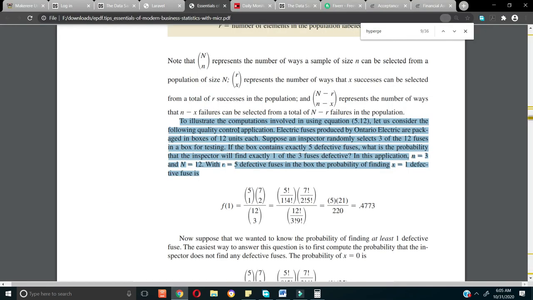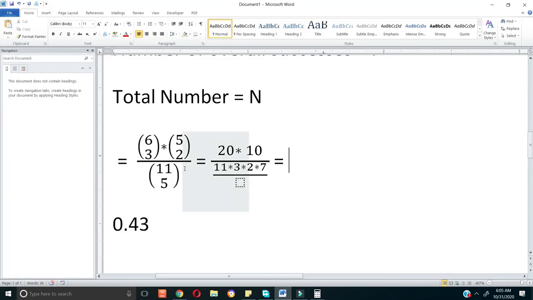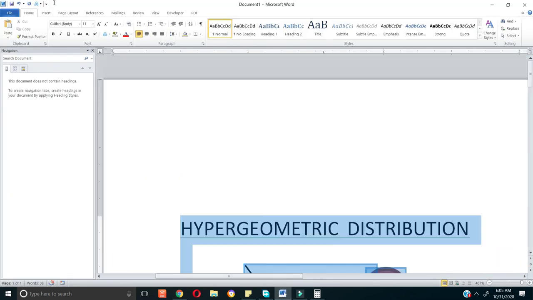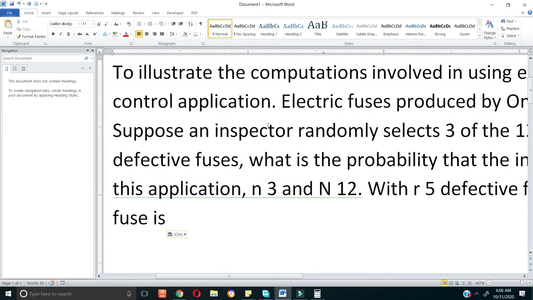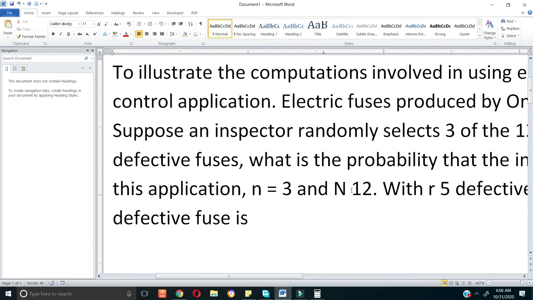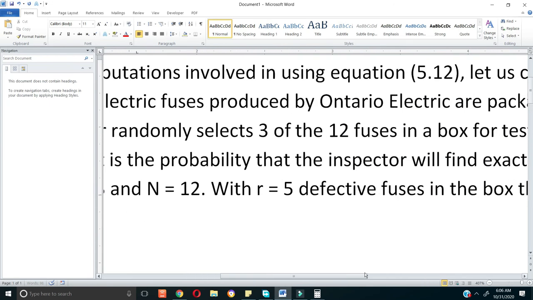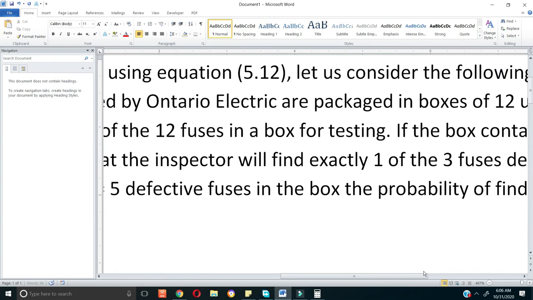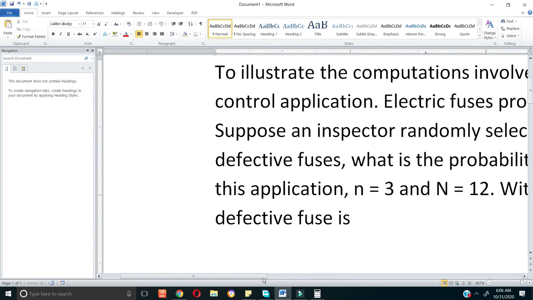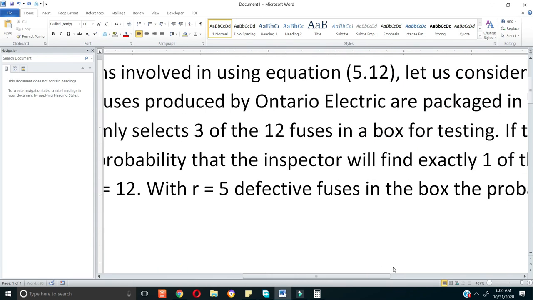Maybe let's look at the example that we have over here, and see if we actually do get the correct answer. So in this situation, N is 12, R is equal to 5. You have electric fuses produced by Ontario.